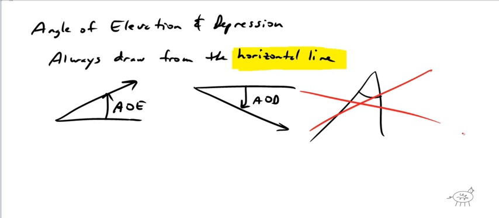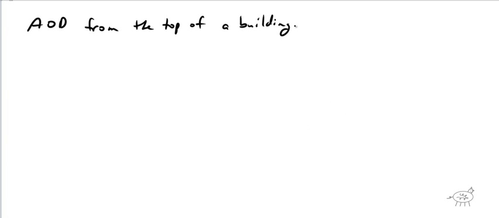All right. So let me just give you an example here. If I told you the angle of depression from the top of a building to log E, which is a little log sitting down at the bottom on the ground someplace, that angle of depression is 30 degrees.